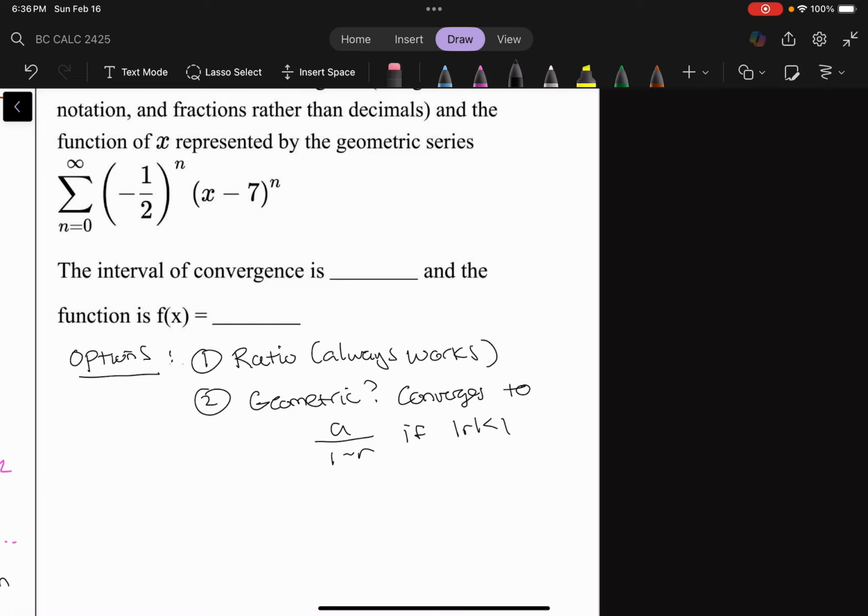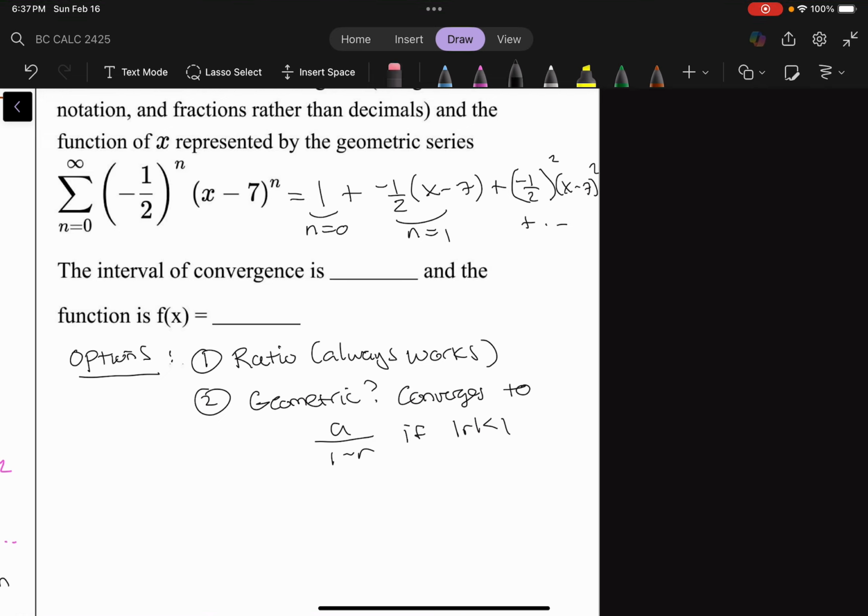When we plug in a 0, we get 1, and then when we plug in a 1, we get negative a half times x minus 7, and when you plug in a 2, you get negative a half squared times x minus 7 squared, etc.